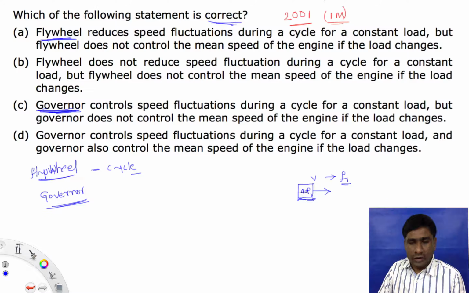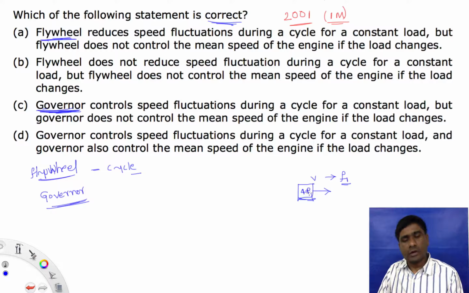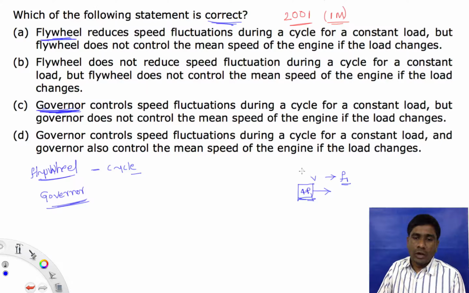Suddenly 2 persons get out of the car, and the load also decreases. If you keep giving the same amount of fuel, it will move with a higher speed. But if you want to maintain the same constant velocity v, what we need to do is cut out the fuel.